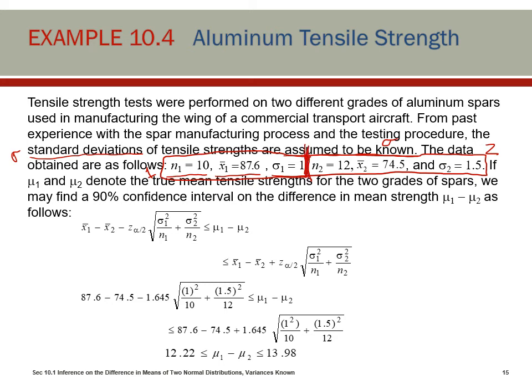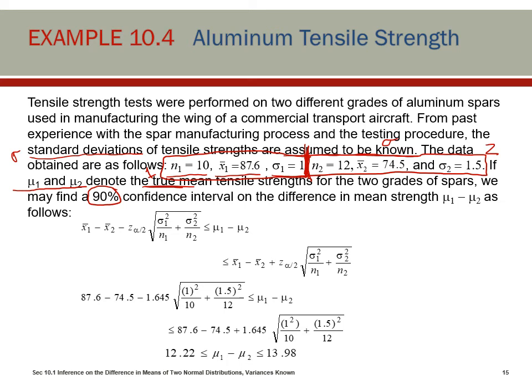If mu1 and mu2 denote the true mean tensile strengths of these two grades of spars, which is what we're trying to find, we want to find a 90% confidence interval, not 95, on the difference in mean strength.